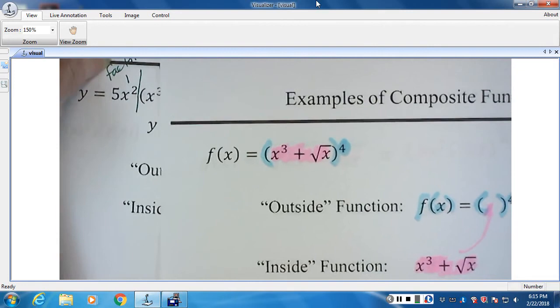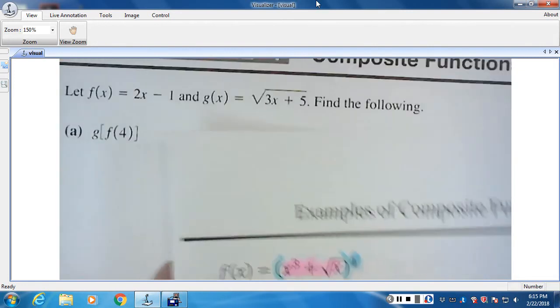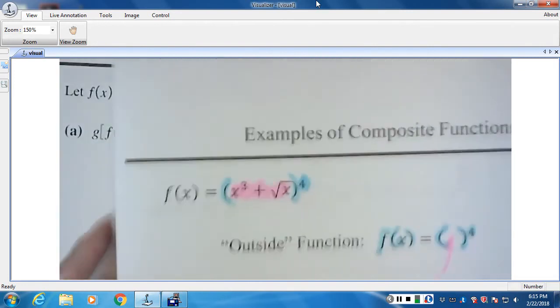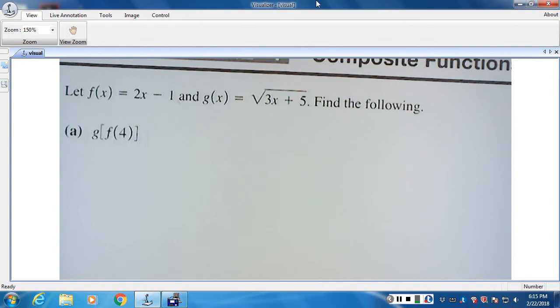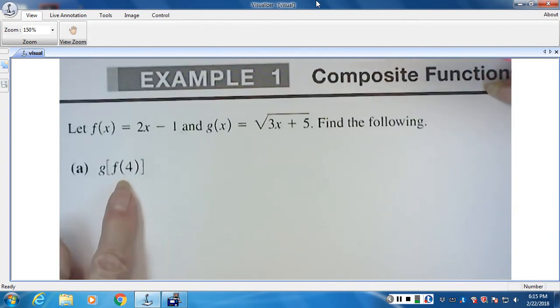So I'm going to go back, and I'm going to actually skip a bunch of these that are in your notes. You can just mark right through these if you want to, because I have found this does not help you figure out what we're going to do in the calculus.